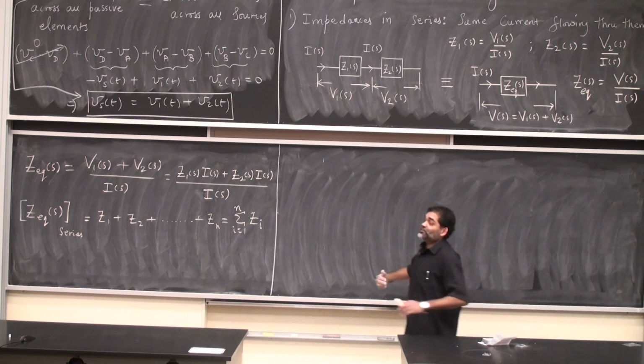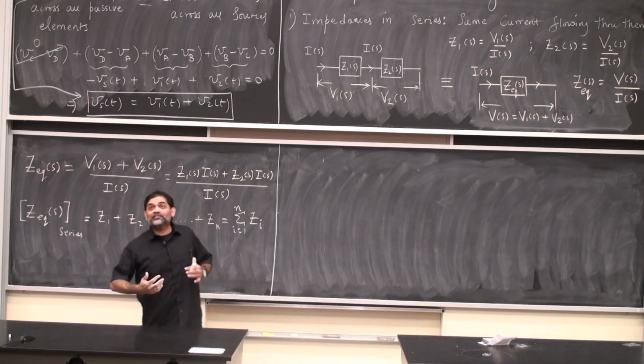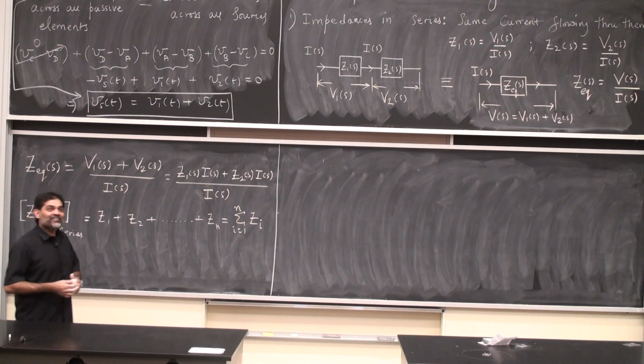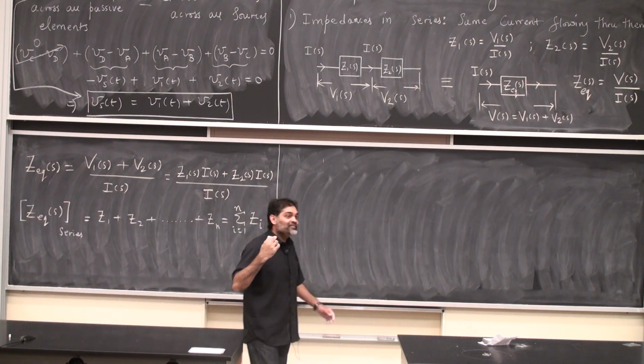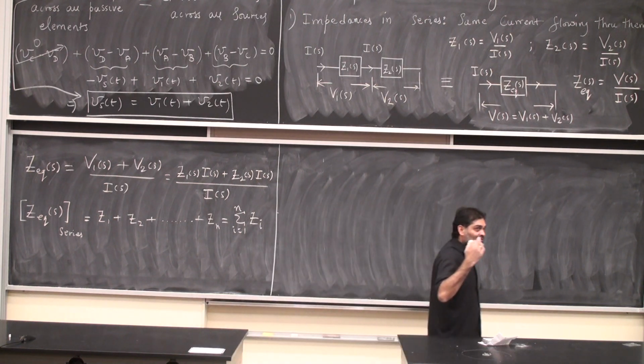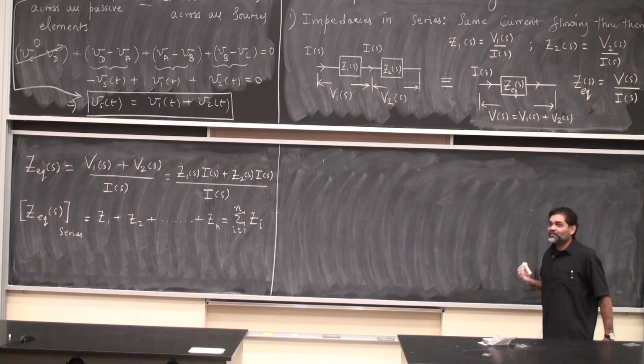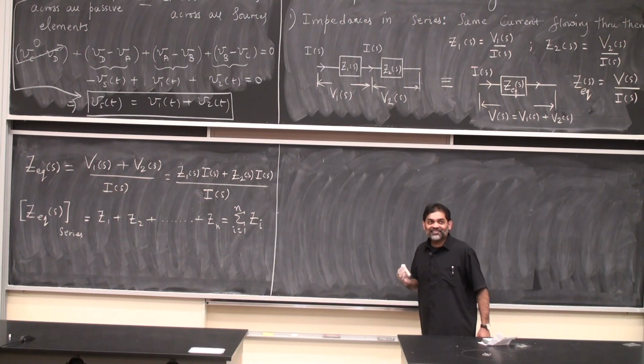And I'm not going to derive the next one, but I could have impedances in parallel as well. And they will follow the reciprocal rule, right? Similar to what? Resistance in parallel. Resistance in parallel combines like impedance in parallel. How about springs? If I have springs in series, what do they do?